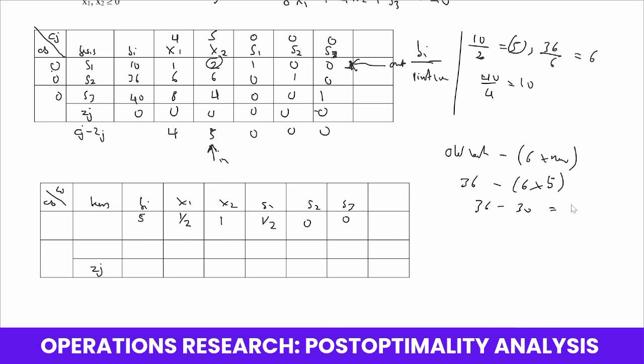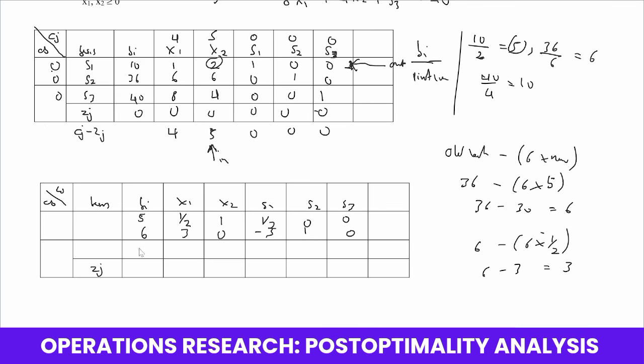That's going to give us 6. So we have 6 here. And then the next one, we have 6 here. That's the old value, minus 6 times, what's the new value here? 1 on 2. So 6 minus 3 will give us 3. So this will be 3. I know you know how to do this, so I'll just write down my values for the rest. So 0 minus 3, 1, 0.